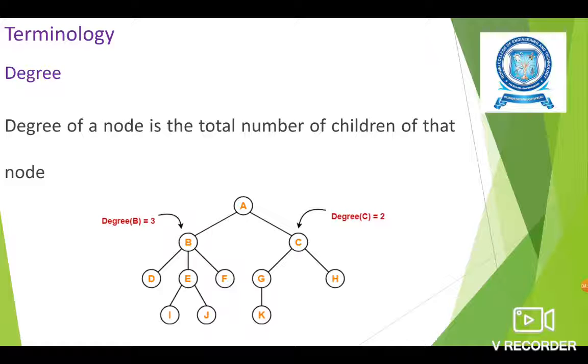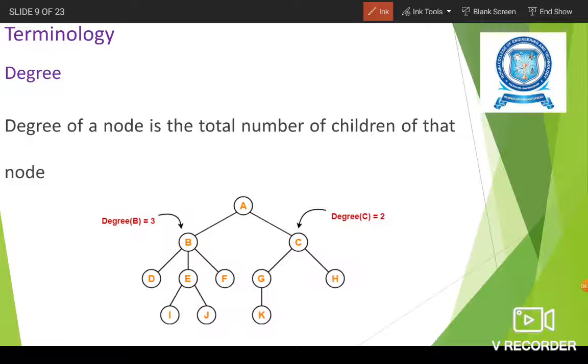What is called the degree? Degree of a node is the total number of children of that node. For example, in the given tree, the degree of B is 3 because it has 3 children. Okay, that's why its degree is 3. What about the degree of C?